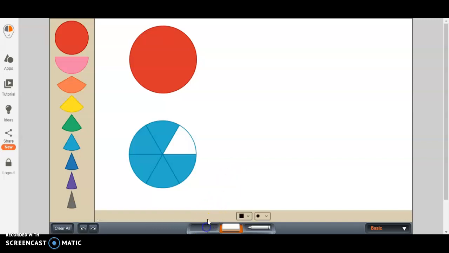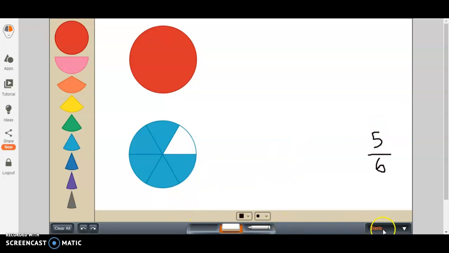So if we look, we have 1, 2, 3, 4, 5, 6 pieces make a whole. So I have 6 pieces as my denominator. 6 pieces make my whole. And I have 1, 2, 3, 4, 5 pieces filled in.